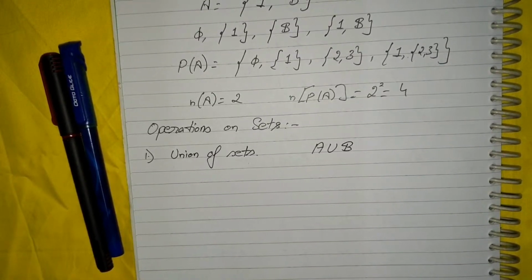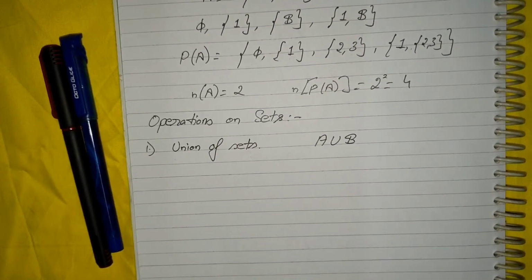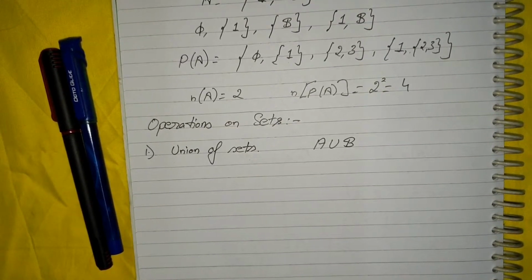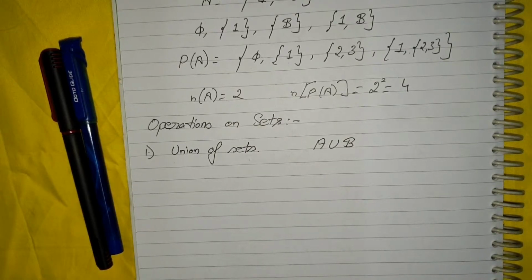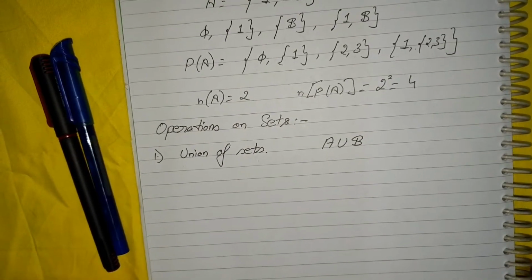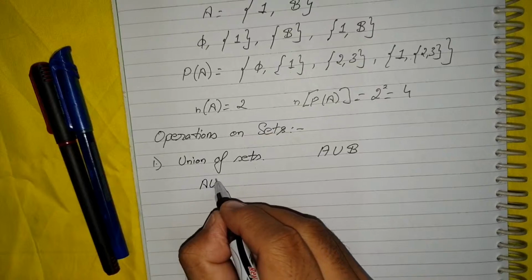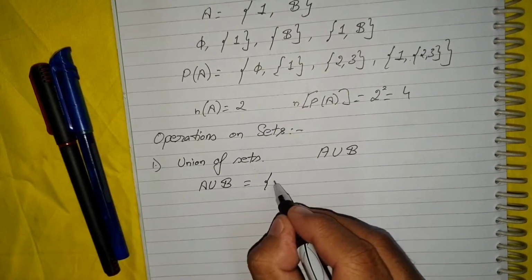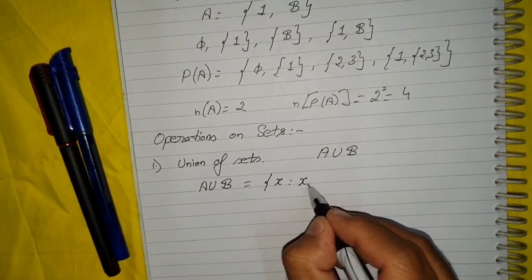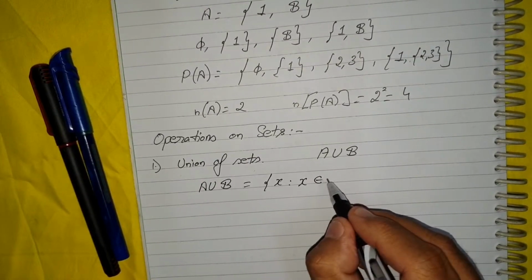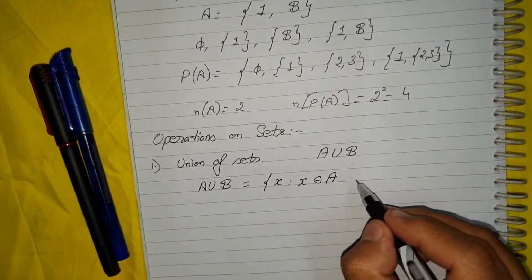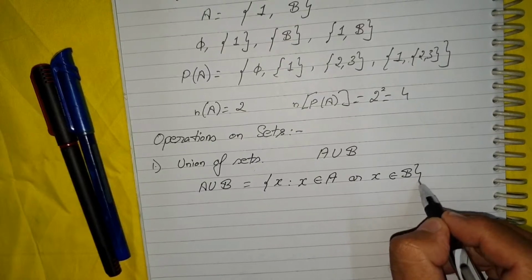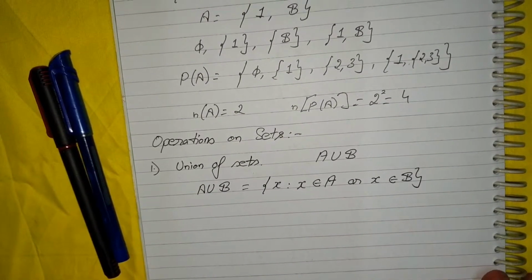It is a set of all those elements which are either in A or in B or in both A and B. So basically, A union B can be written as {x such that x belongs to A or x belongs to B}.